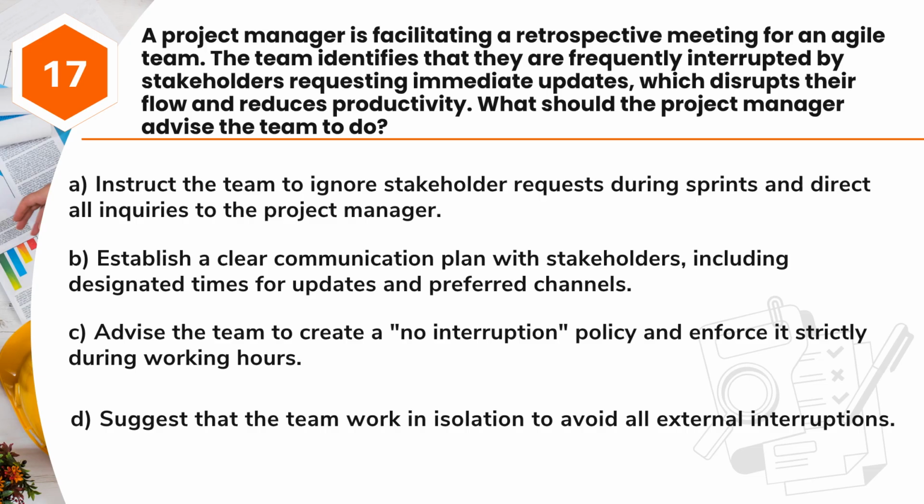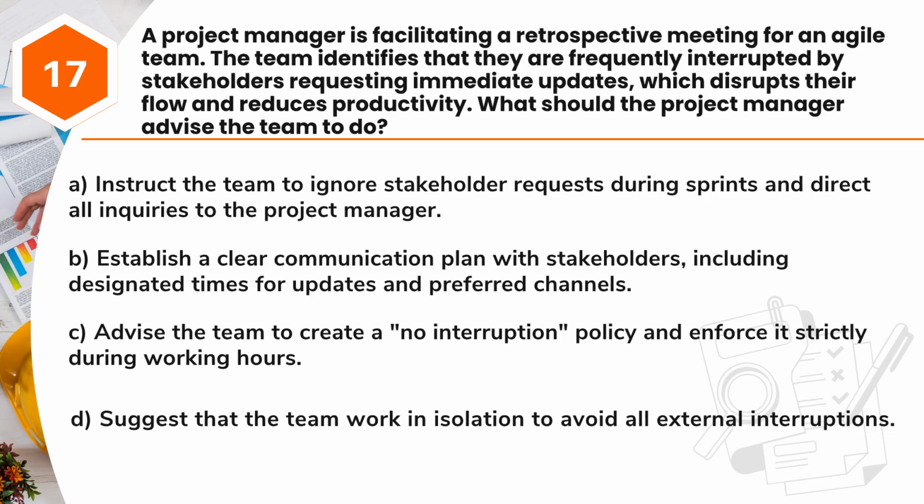Question 17. A project manager is facilitating a retrospective meeting for an Agile team. The team identifies that they are frequently interrupted by stakeholders requesting immediate updates, which disrupts their flow and reduces productivity. What should the project manager advise the team to do? A. Instruct the team to ignore stakeholder requests during sprints and direct all inquiries to the project manager.